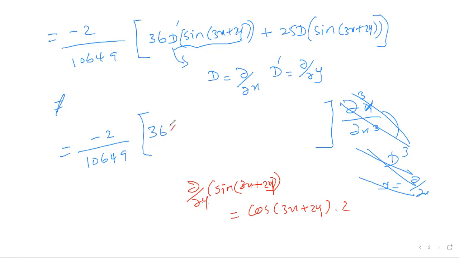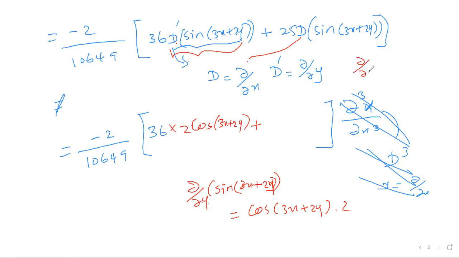So that's what we're going to transform here for this part. 36 there. For this part, I'm going to transform daba over daba y of sine 3x plus 2y, so I'll get cos 3x plus 2y. Similarly, this one, d will be daba over daba x, no?